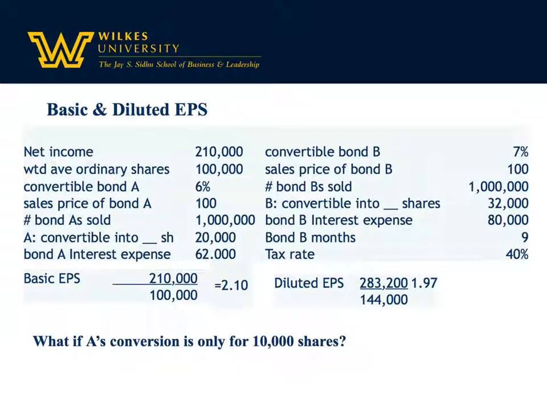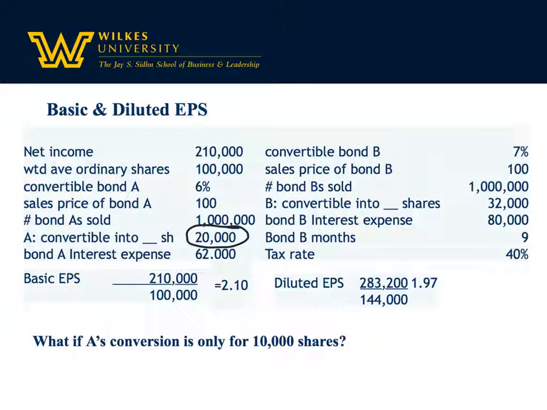But what if A's conversion was only for 10,000 shares? Right here, we did it for 20,000. But the process could change, the conversion amount could change, the number of shares could change. So we would actually have to go and change this. I didn't change the interest expense because we didn't change the bond. The interest is still going to be the same.